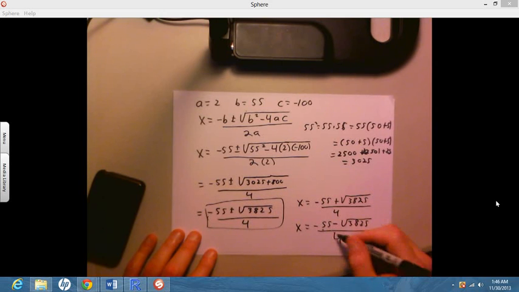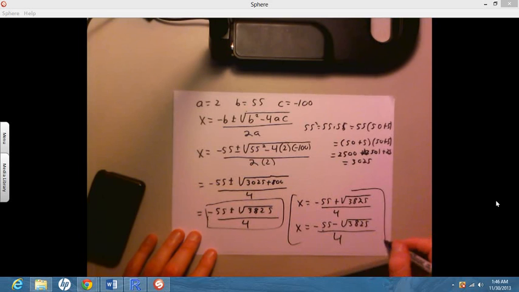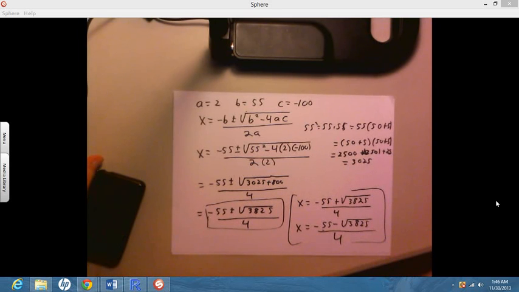So these are the two possible. So if we go back to the original question, these are the two values of x that can solve the equation. Now you're saying, what numbers are those?